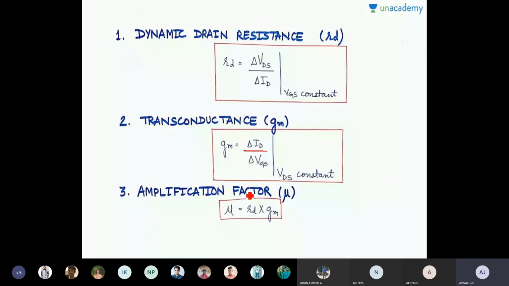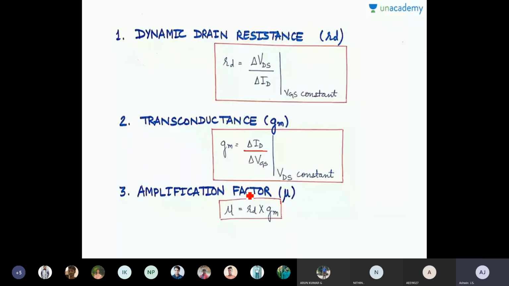Amplification factor is nothing but the gain. So gain can be calculated as the output with respect to the input, right? Output current and input current, based upon that we derived. So here also we are going to find the output with respect to the input.